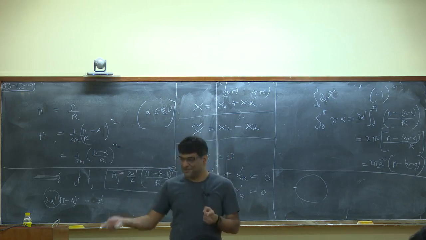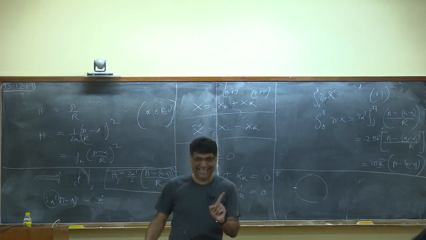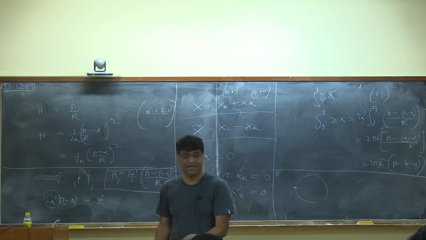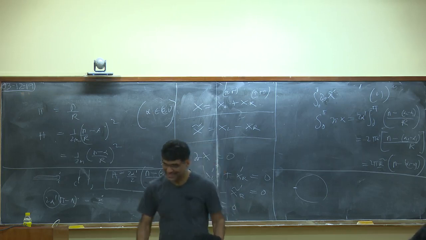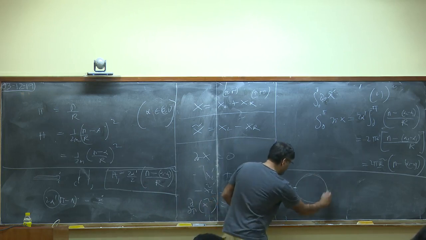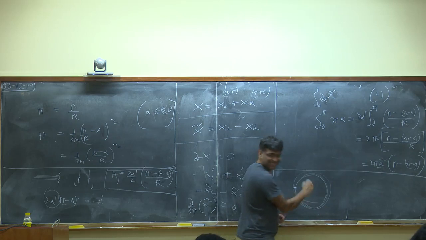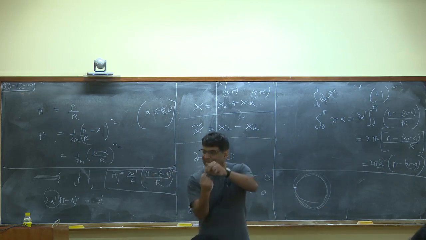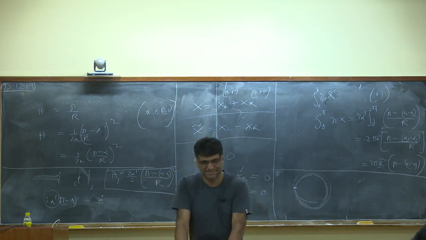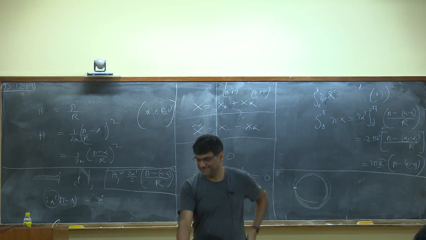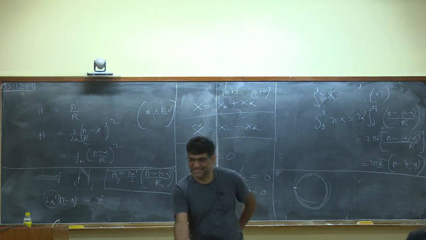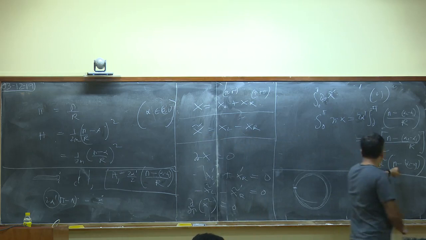When i is equal to j, what we are seeing is that the beginning and the end point are the same. Right? So the string can go round once, or twice, or thrice, and then come back and end at the same point. Is this clear? That's the only reasonable interpretation of this fact.